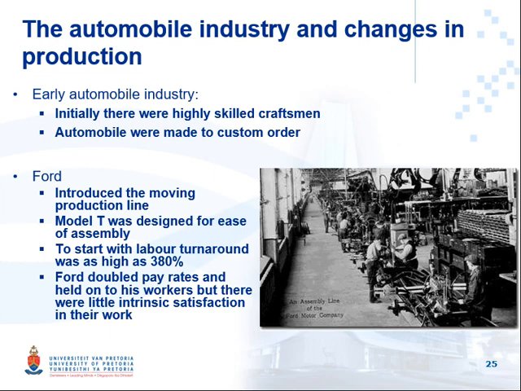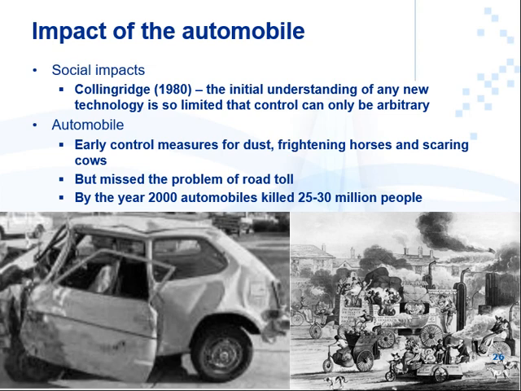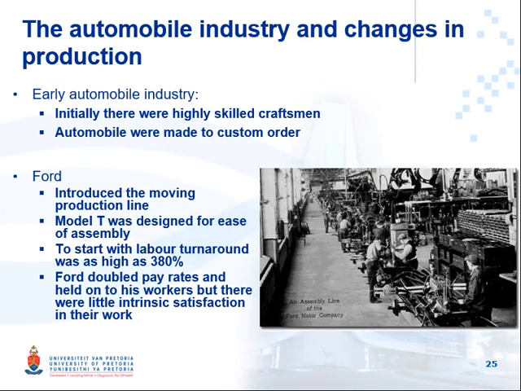To start with, annual labor turnover was as high as 380%. When Ford doubled the pay rate to $5 a day, he held on to his workers, but there was little satisfaction in the work that they were doing.